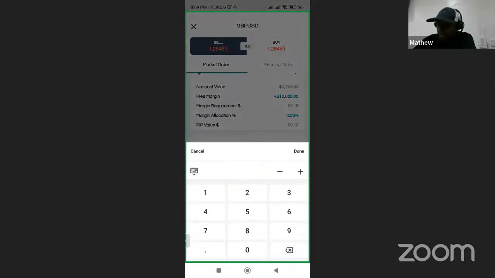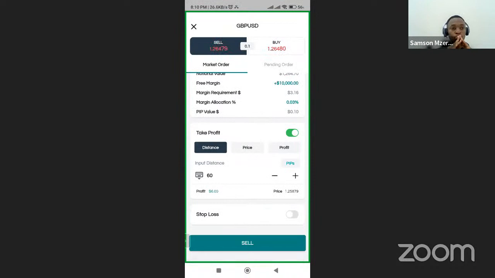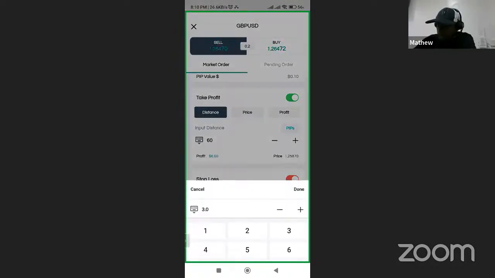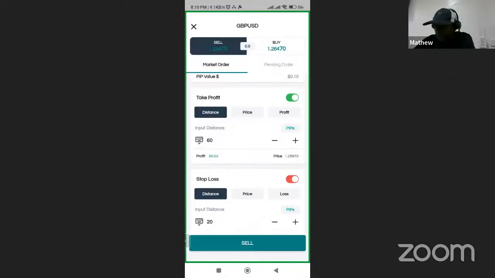So if let's say your take profit target is 60 pips, and your stop loss is 20 pips, risk to reward, that is 1:3. You can see the Equity Trader app is able to give you the numbers that you'll be earning.